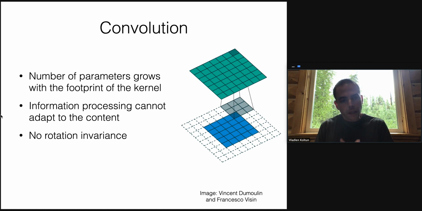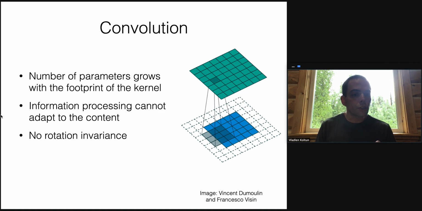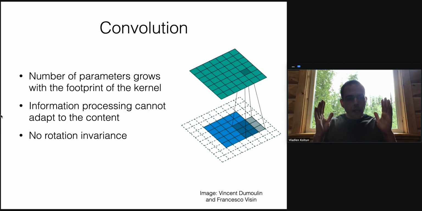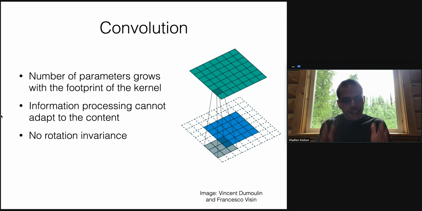The processing of information from the image, the aggregation of content from the image, is essentially blind at test time. It does not adapt to the image content. When you take a trained convolution, as in a convolutional network, and you apply it to two different images, the information is aggregated in exactly the same way.